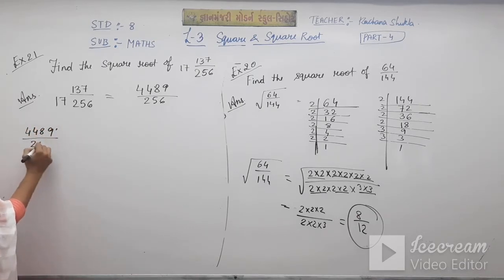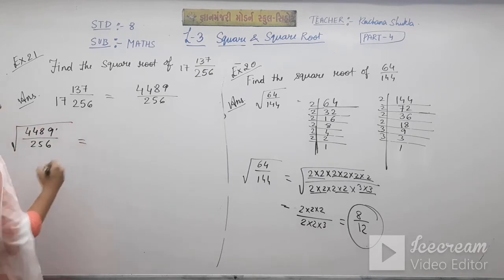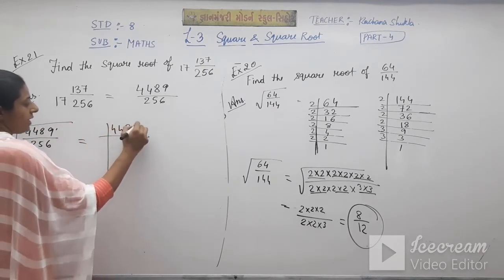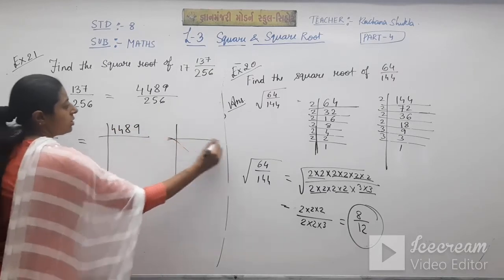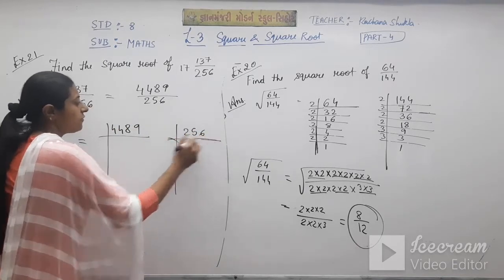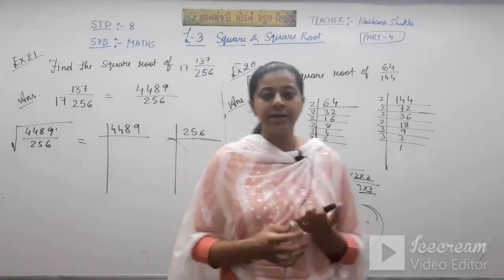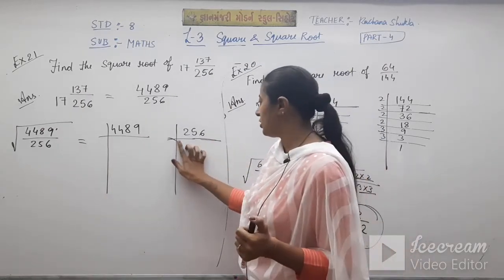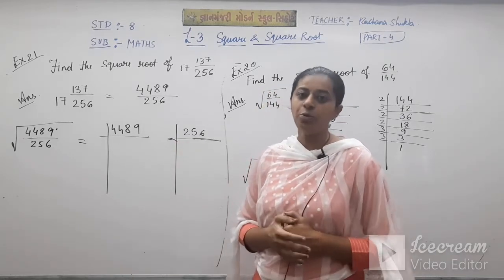4489 upon 256, the square root you have to find. So first you will find the factors of 4489, then you will find those of 256, and then you will write down your answer in upon form. Like this way you will solve your sum. So you will do this by yourself.